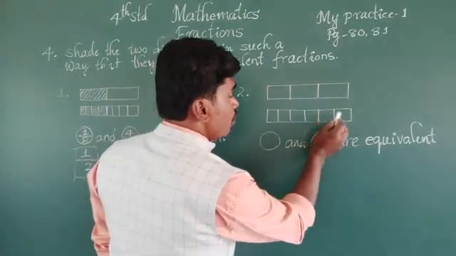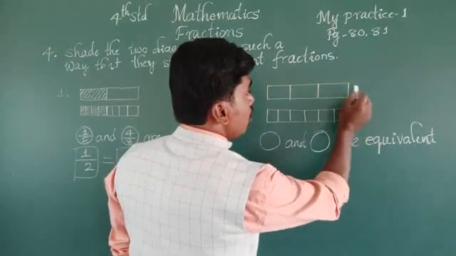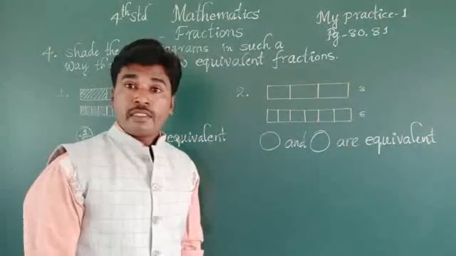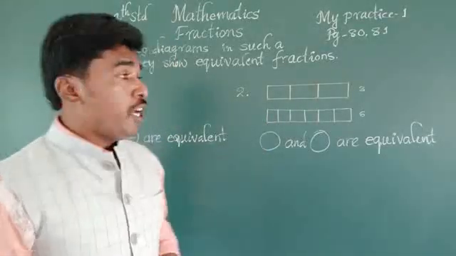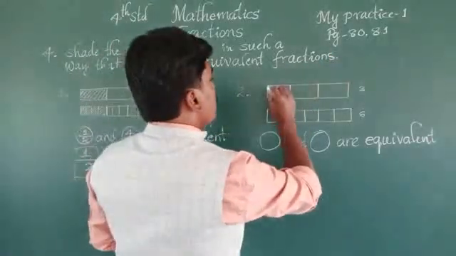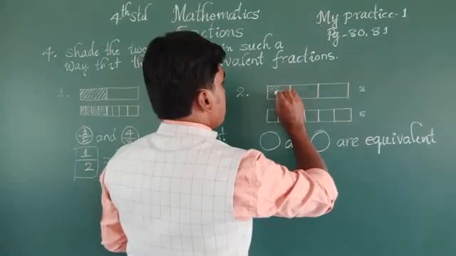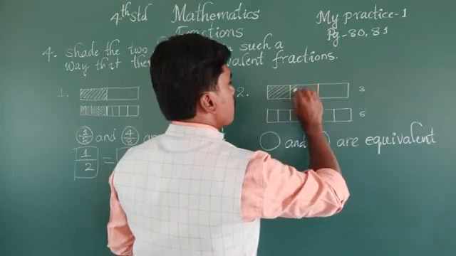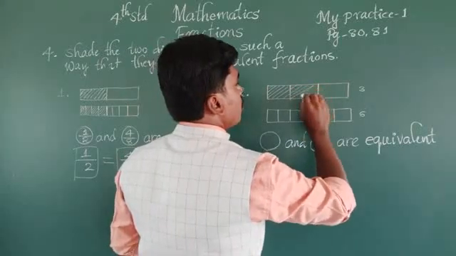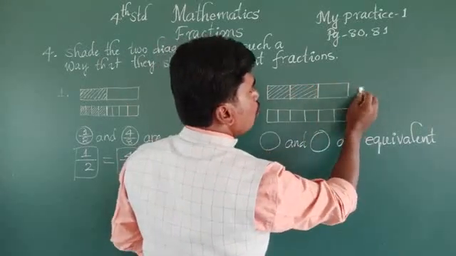2, 3, 4, 5, 6. Total 6. Here there are 3 parts. In the first rectangular bar, I am going to shade 2 boxes. So the total is 3.